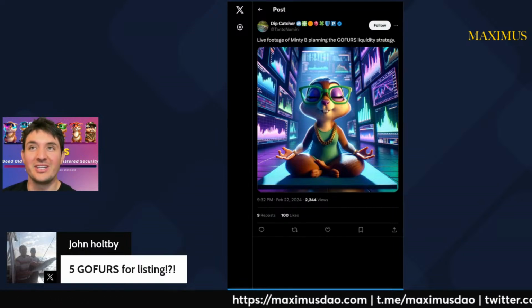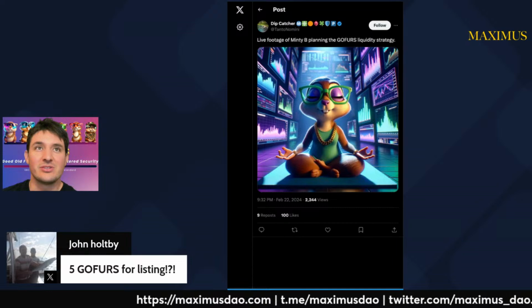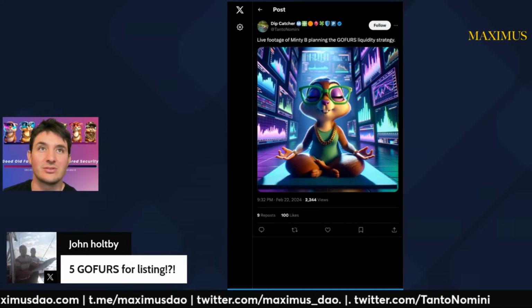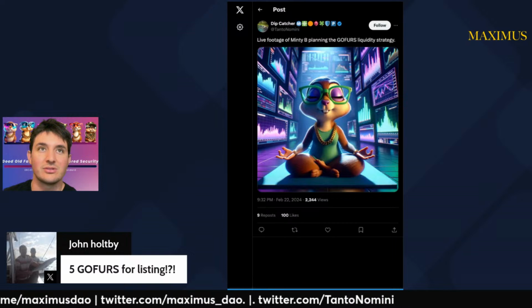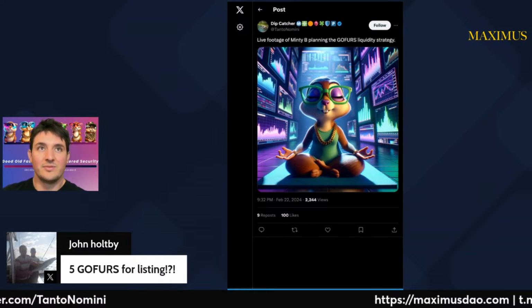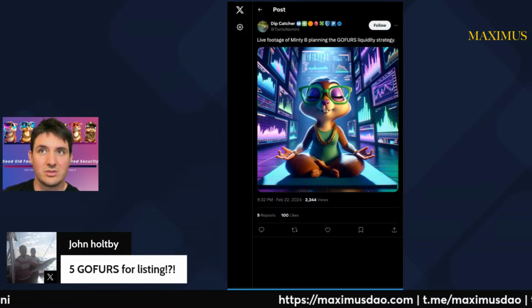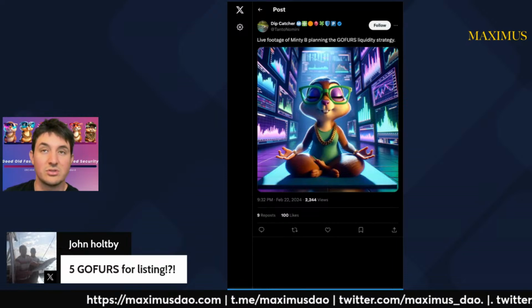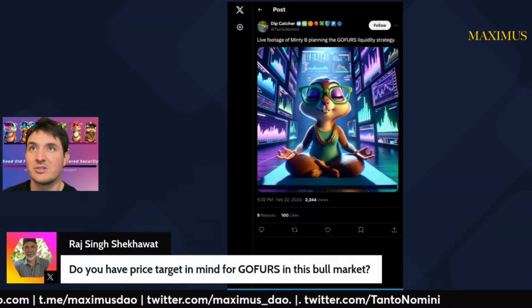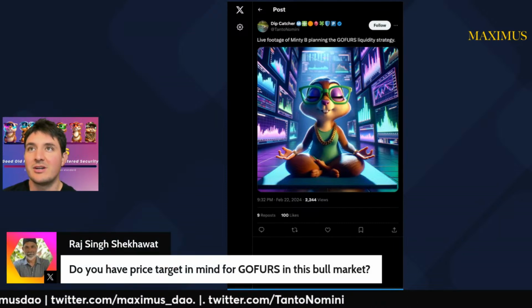Soon that's going to be 0.00001 Gophers for listing. I think I got the number of zeros right. Do you have a price target in mind for Gophers in the bull market? Yeah, $10 gazillion.